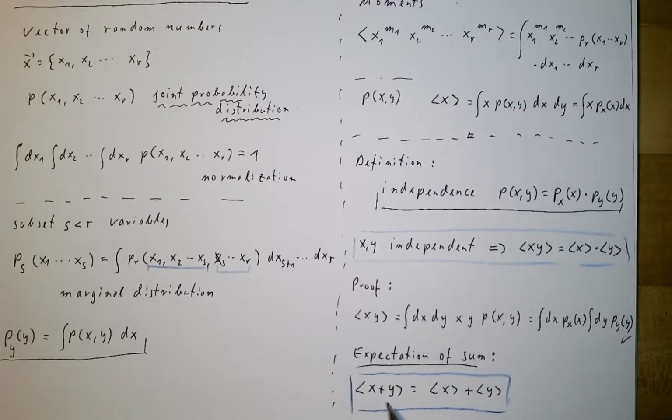Is there a formula for the expectation of a product which also works if the random numbers are not independent? And in order to come to this, let's do some derivation and first calculate not the expectation value of the sum, but calculate the variance of a sum. How do we get this?